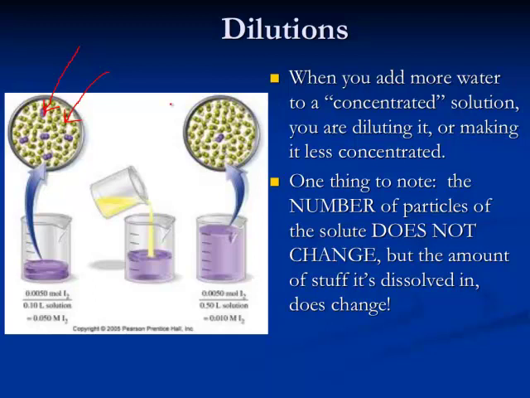So when you dilute something, there's more solvent than there is solute. But I want you to remember that the purple didn't disappear. You see how the solution is purple. The purple particles, the solute, doesn't go away. It just means that you're adding more solvent to the solution. The solute remains the same.